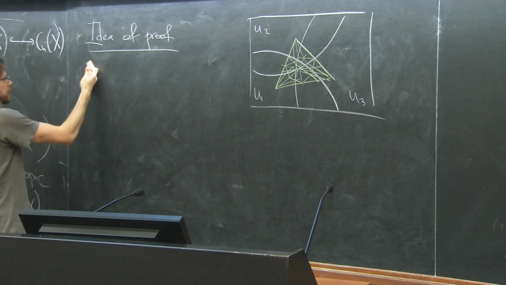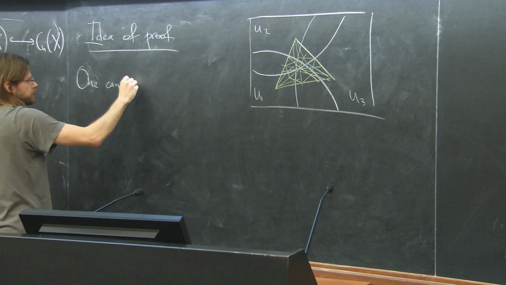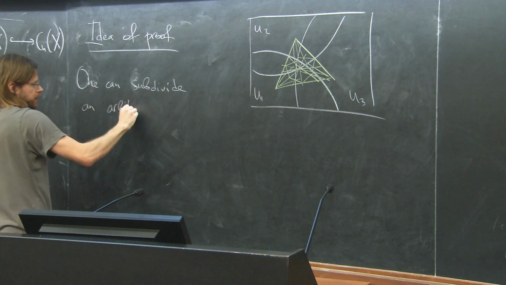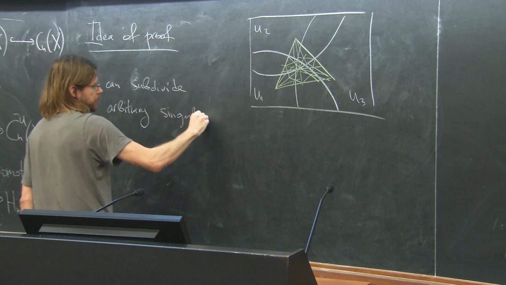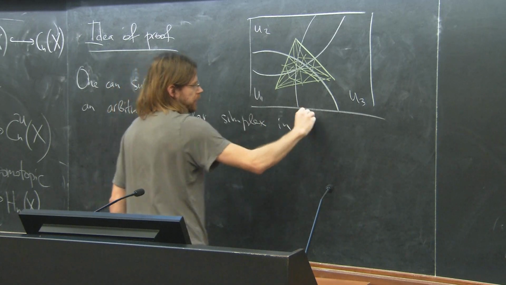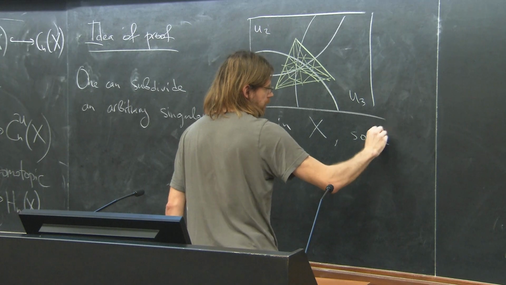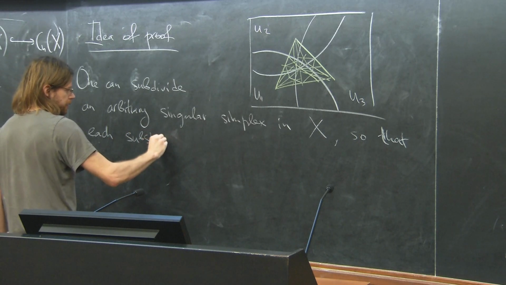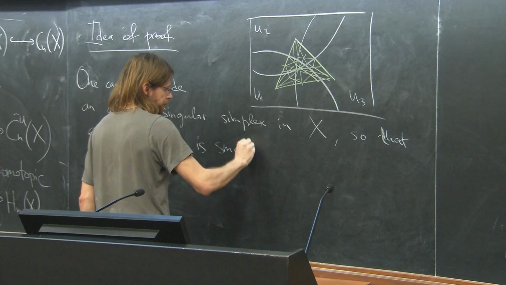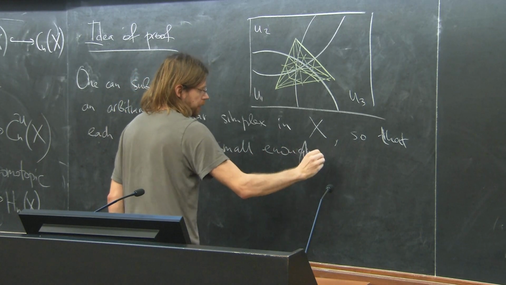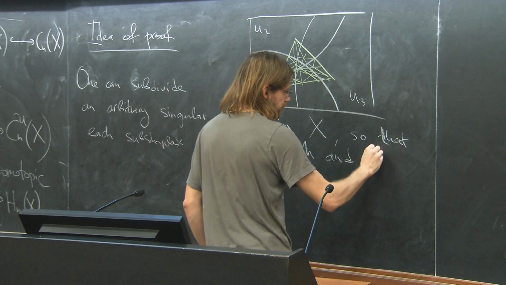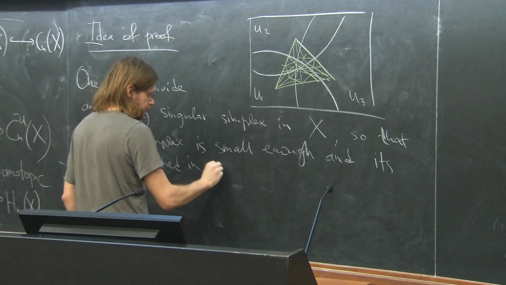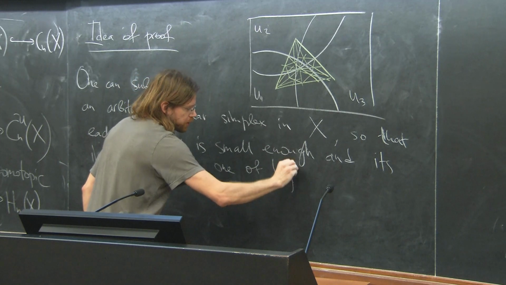So one can subdivide an arbitrary singular simplex in x into subsimplices small enough that their image is contained in one of the U_j's.